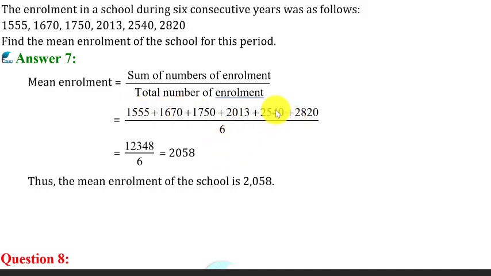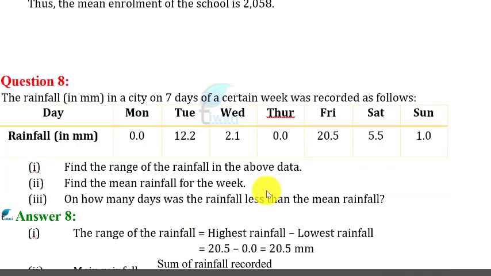So the sum in the numerator will be 12,348 divided by 6. Then the quotient is 2058. Thus the mean enrollment of the school is 2058. Next we can move to question number 8.